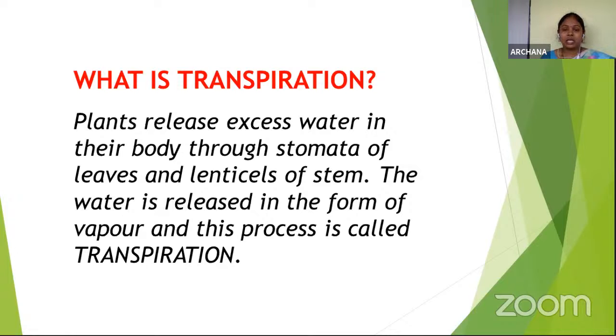Plants release excess water from their body through the stomata of leaves and lenticels of the stem. The water is released in the form of vapor, and this process is called transpiration. Curtis, a biologist, called transpiration a necessary evil.